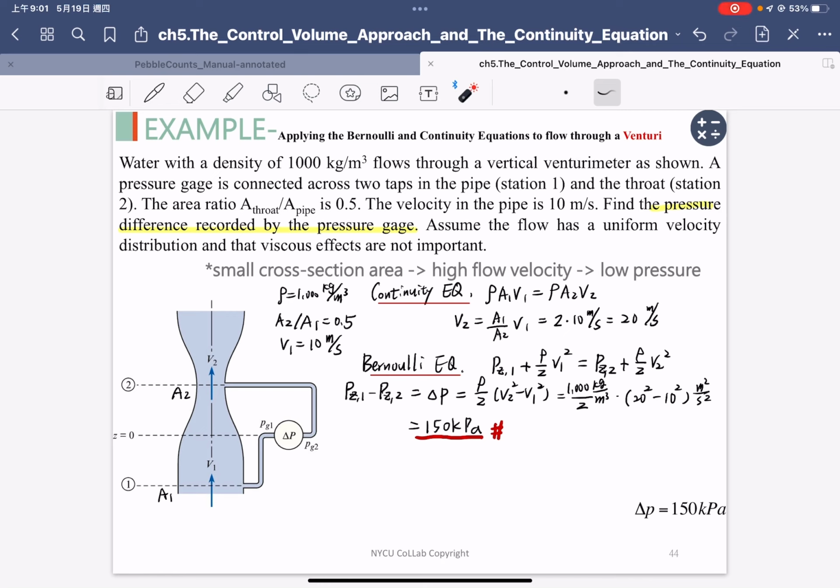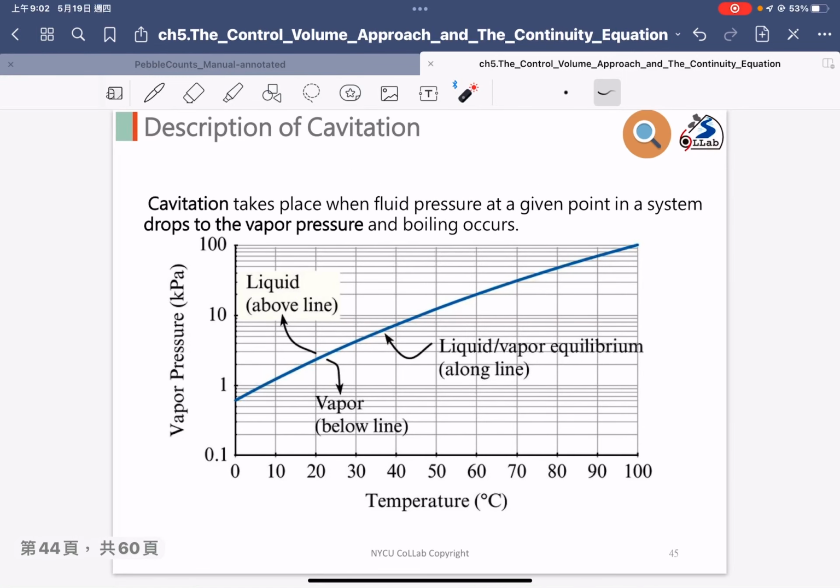So don't forget the Bernoulli equation you have learned in the previous chapters. For the continuity equation for pipe flow, A1 V1 equals A2 V2.